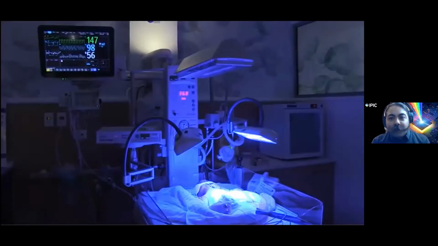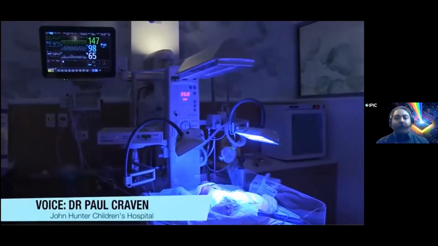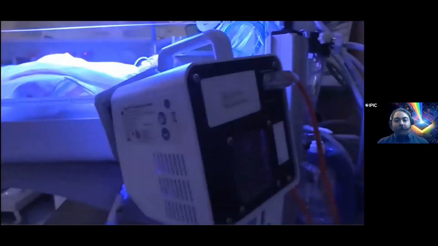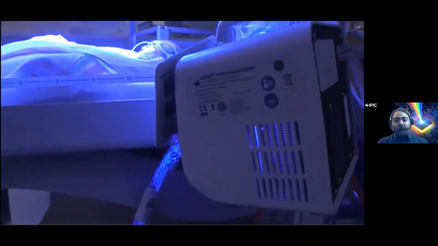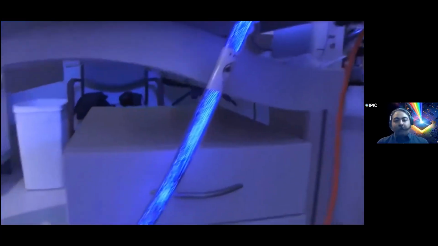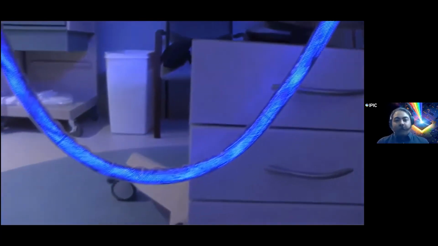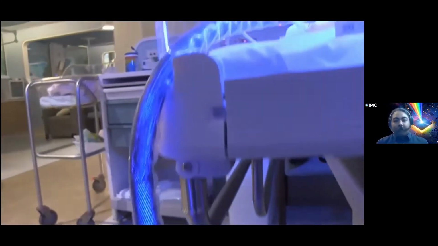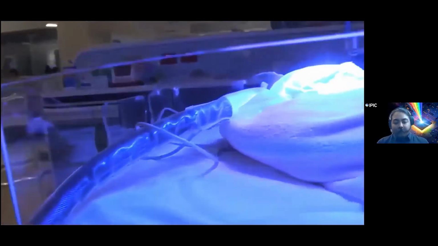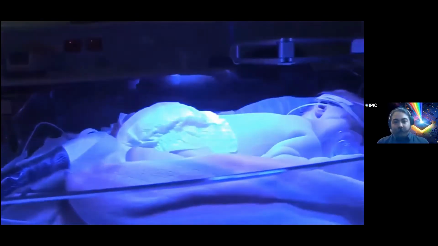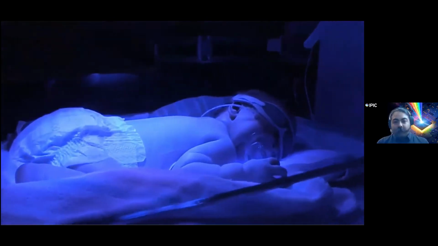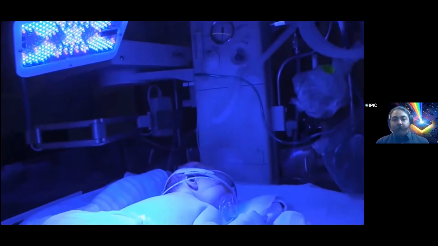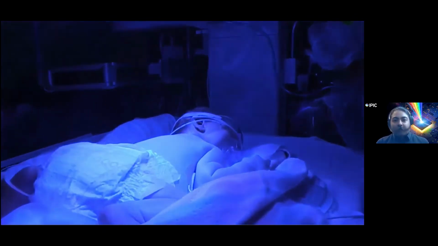Jaundice is a common condition in babies. It presents as a yellow discoloration of the skin. This yellow discoloration is a buildup of bilirubin. Some babies with high levels of bilirubin will require treatment. The most effective treatment for babies with jaundice is phototherapy. Phototherapy involves shining light both below and above the baby, and this light changes the bilirubin from being dissolved in fat in the body to being dissolved in water, and therefore excreted in the urine.